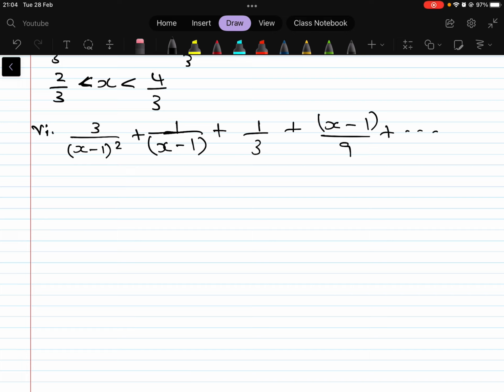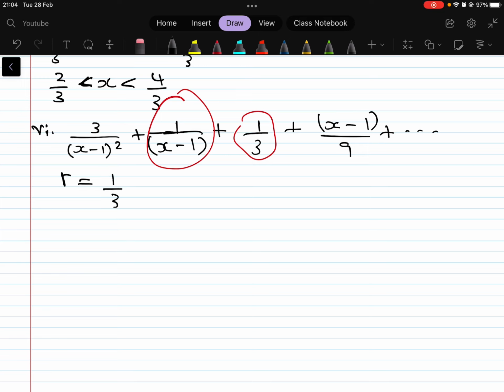You see, one of the terms is actually 1 over 3. I think it makes life simple to just pick that one when you're calculating your ratio. So we'll start by calculating the ratio.